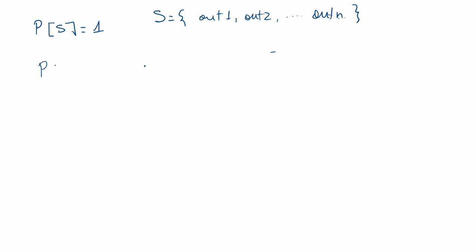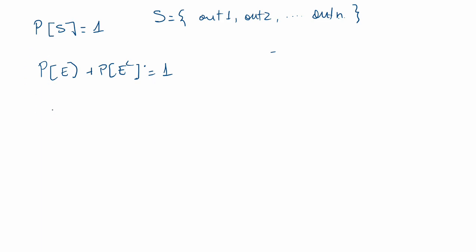We also saw that the probability of an event happening plus the probability of that event not happening must also be equal to 1. If you remember, we talked about the pregnancy test, right? What's the chance that I'm pregnant plus the chance that I'm not pregnant? This has to sum up to 1 because either I'm pregnant or I'm not pregnant, okay?